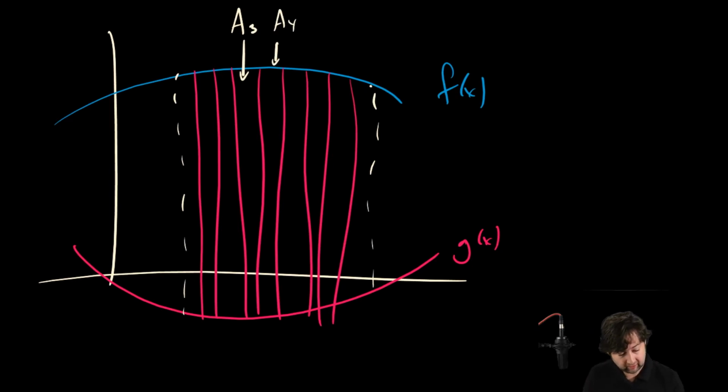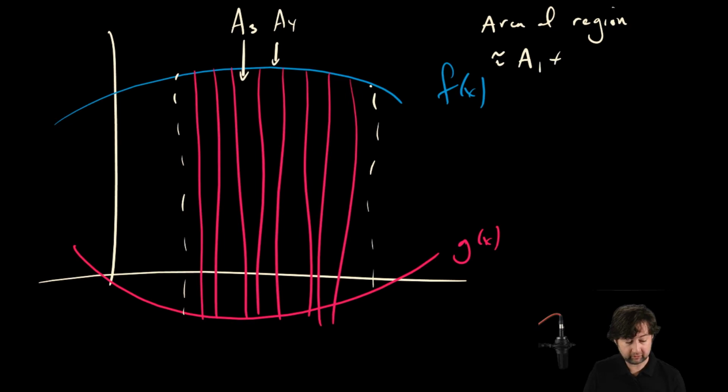And so the area of the region is going to be about equal to the area of A1 plus the area of A2, up to the last rectangle that I've made, the one at the end here, which we just call AN. And it's approximately equal because, of course, I'm thinking of these as rectangles and not as regions that have curved or slanted tops and bottoms. So it's not going to be exact.